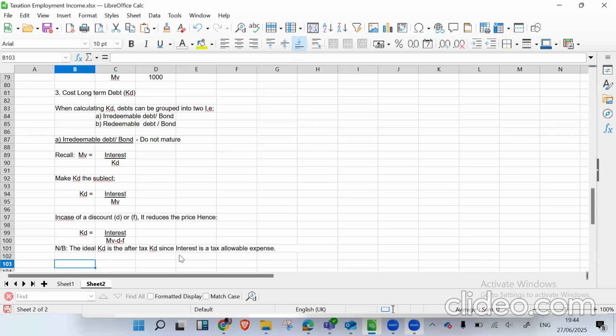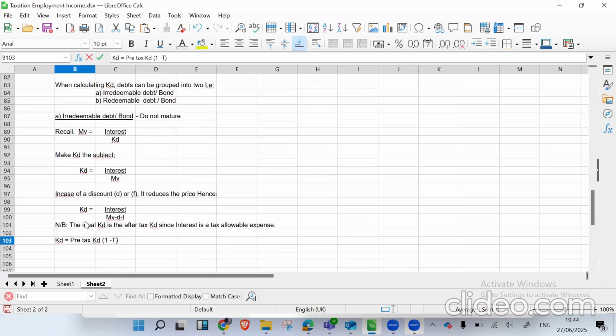Hence, the ideal KD becomes the pre-tax KD, then you simply adjust for tax, 1 minus tax.